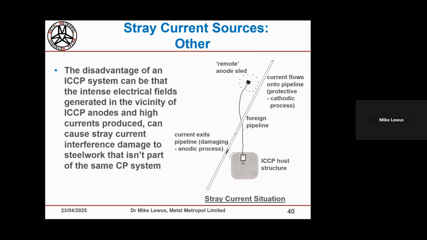That means if there's something in the vicinity, metallic and conducting, and it just happens to be in the flow of ions, it'll naturally take part in the circuit. This could in principle involve boats, but this schematic is showing a foreign pipeline that runs close to one of these high power ICCP systems.